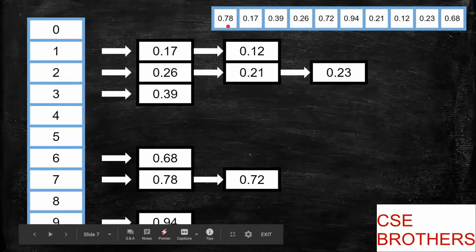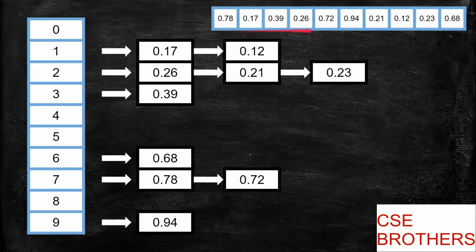The first step is distribution of data. This is our original array, which we will distribute over 10 buckets. For the first element, 0.78, 0.78 into 10, the number of buckets, gives 7.8, and the floor of 7.8 is 7, so we insert 0.78 into bucket number 7.